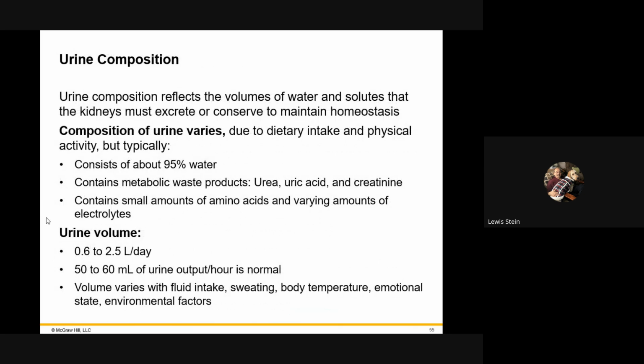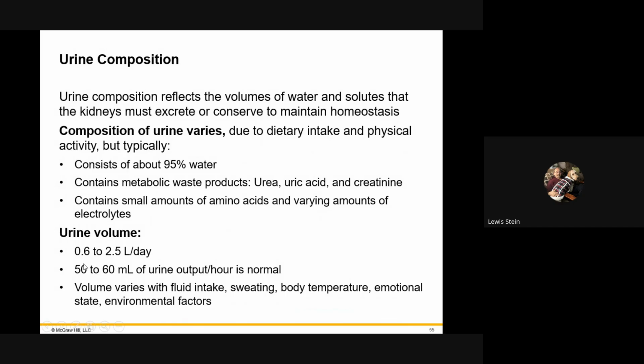And here's the urine itself. It varies due to a lot of things, but it's mostly water. Mostly, those are the nitrogenous wastes: urea, uric acid, and creatinine. Those are the things they look at in a urinalysis or in a blood test to estimate glomerular filtration. And then little amounts of other stuff that's there.